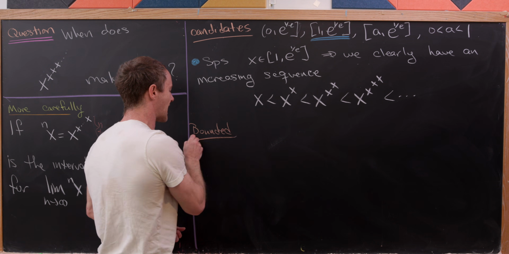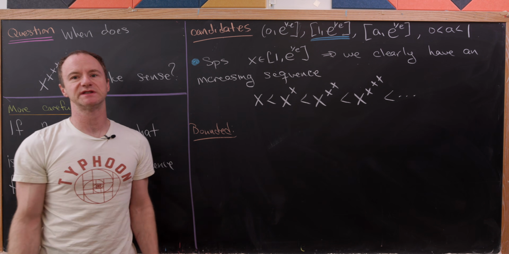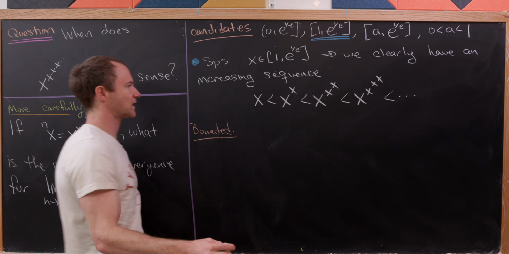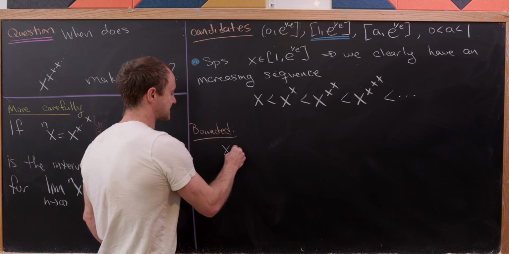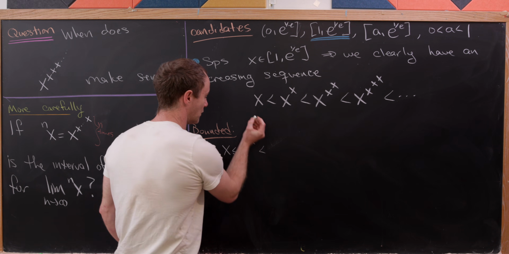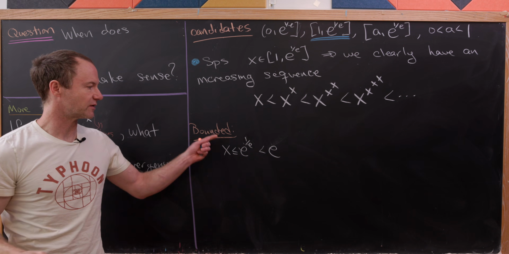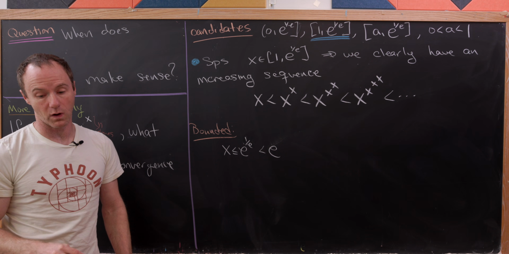Of course, if we have a monotone sequence that's bounded above, then by the monotone sequence theorem, this thing converges. Okay, so let's observe that x is less than or equal to e to the 1 over e, but e to the 1 over e is less than e. I think that's pretty clear because 1 over e is less than 1.